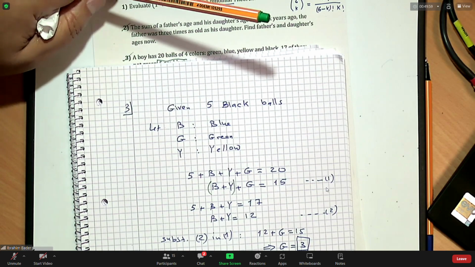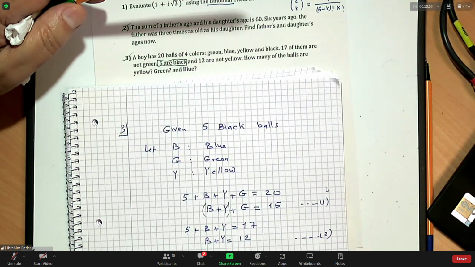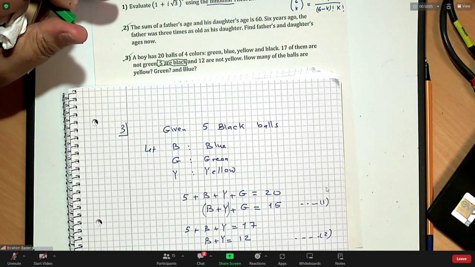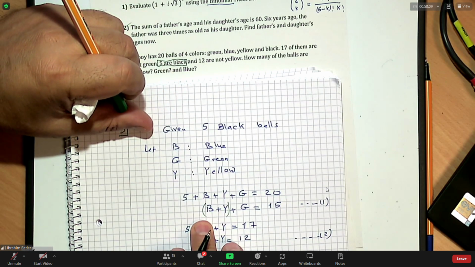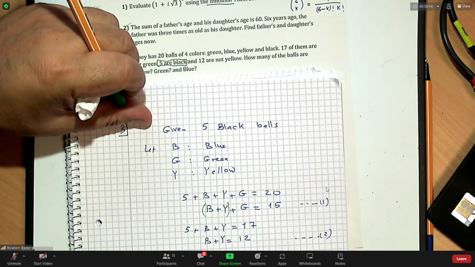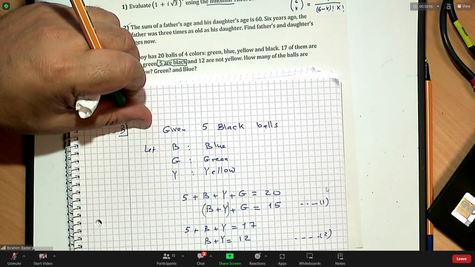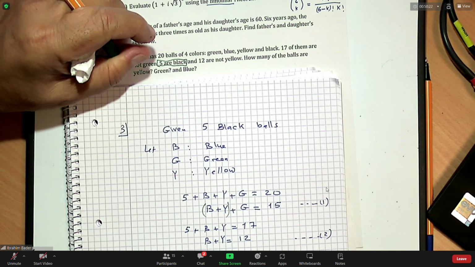Okay, what else do we know? We know that 12 are not yellow. That means here blue plus green is equal to 12. Okay? Blue plus green is equal to 12.